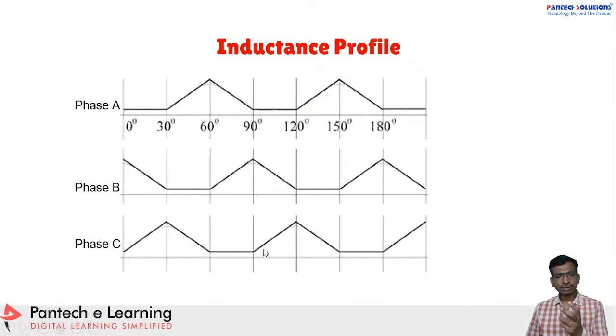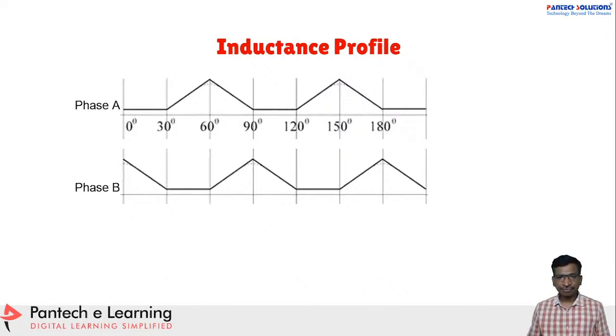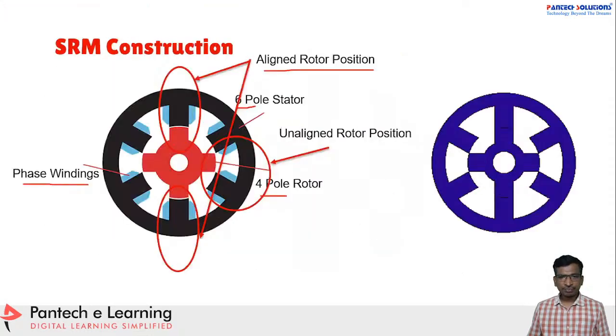From this graph, you can easily understand where the rotor is aligned with the stator and where it is not aligned. Wherever the air gap is low, that is called the aligned position. Wherever the air gap is high, we call it the unaligned position. And from this graph, you can understand.